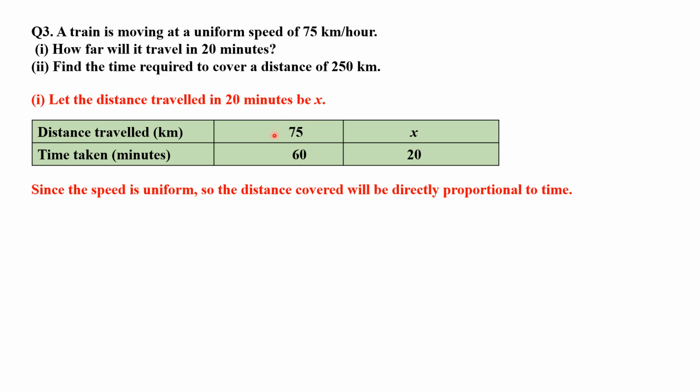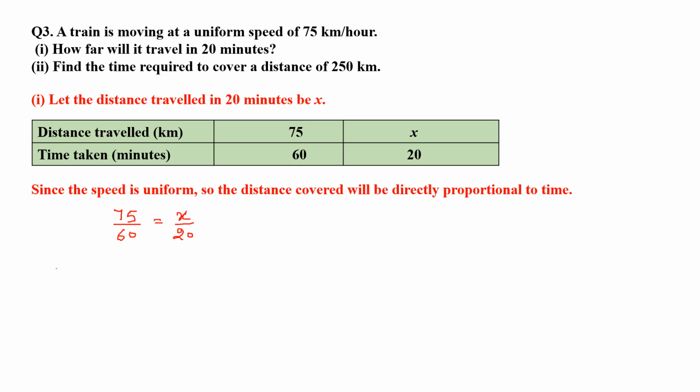If they have to cover more distance, obviously they will take more time. So they are directly proportional to each other, and when they are directly proportional, their ratio will be the same, isn't it? So 75 by 60 will be equal to x by 20.